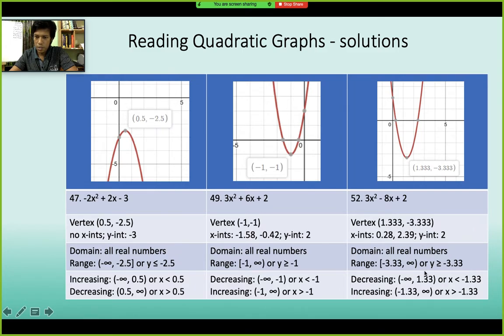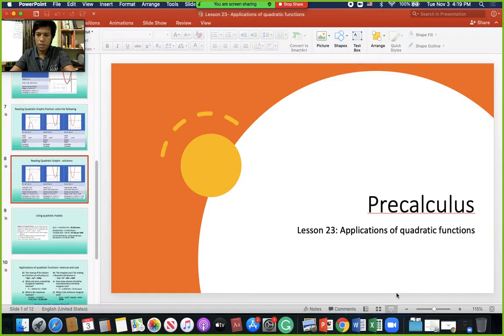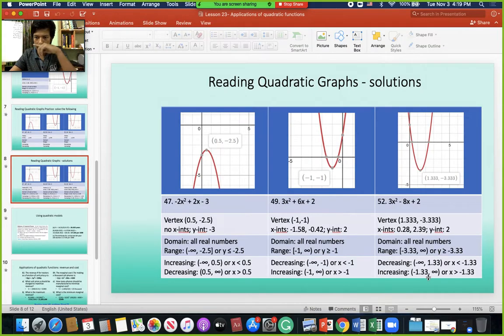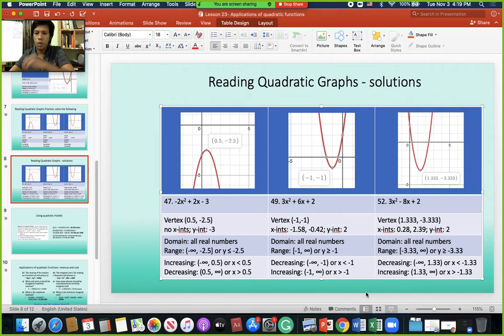Vertex is this, minus 3. Yeah, range is minus 3.33 to plus infinity. That's correct. Decreasing is minus infinity to 1.33. That's correct. So this is increasing, from 1.33.